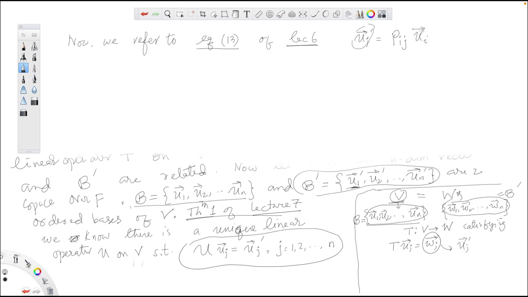Good, where j runs from 1 to n. This was equation number 13. And now let us get back to where we were.